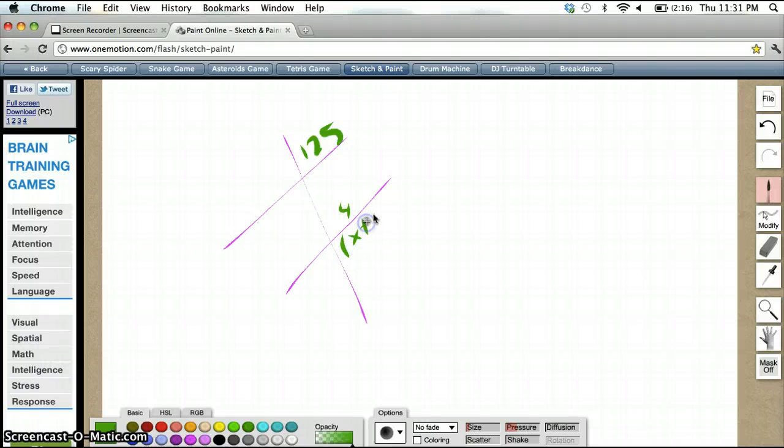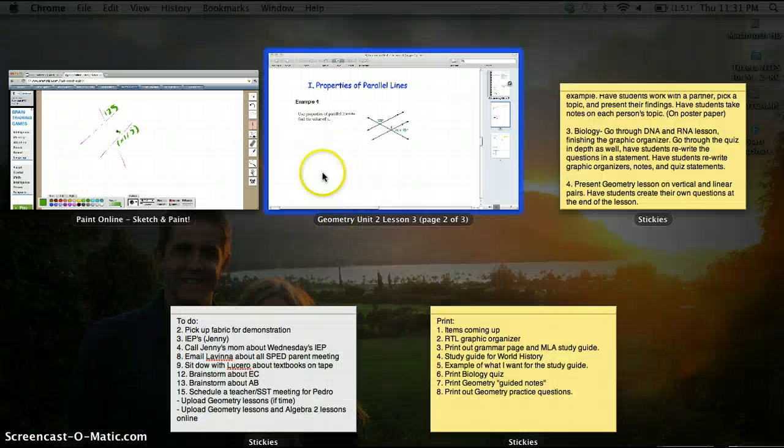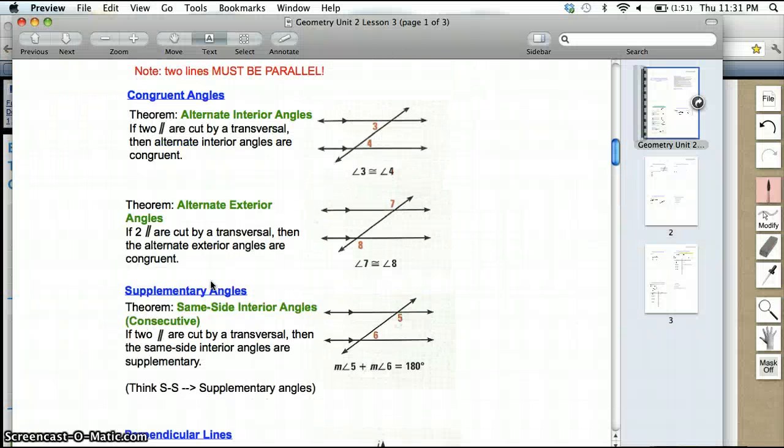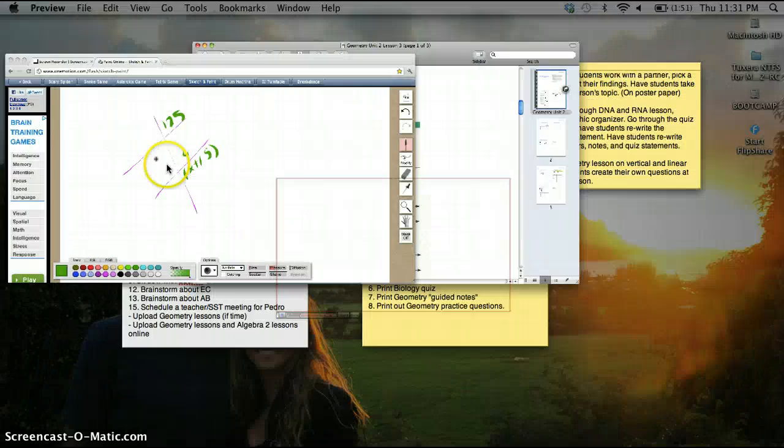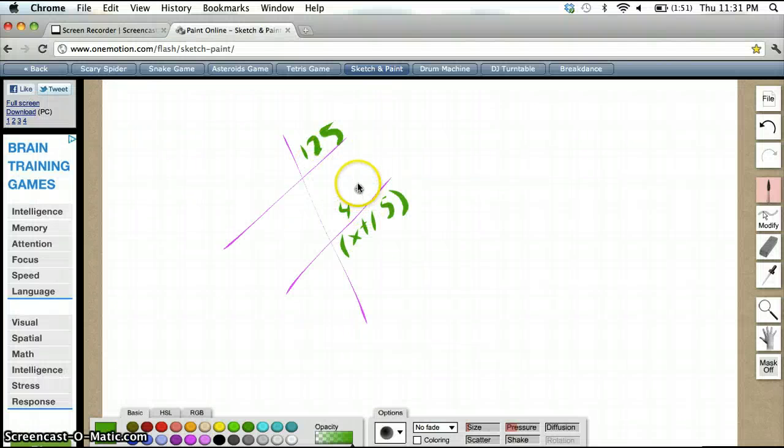Now we see that 125 and angle 4 are corresponding angles. They correspond to each other, so let's go back up to our properties. Corresponding angles are equal, so angle 4 equals 125 degrees.